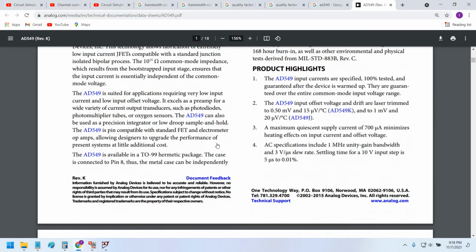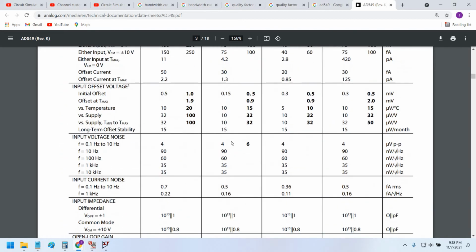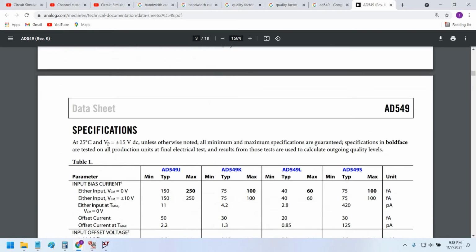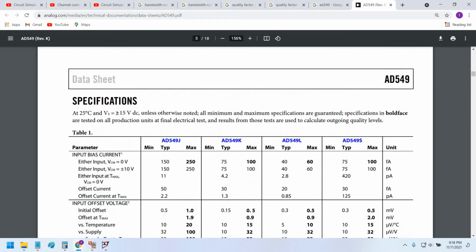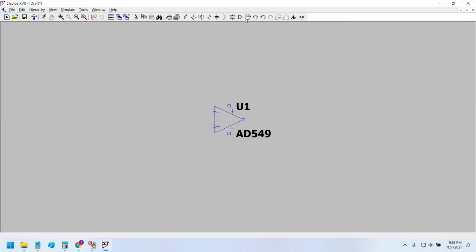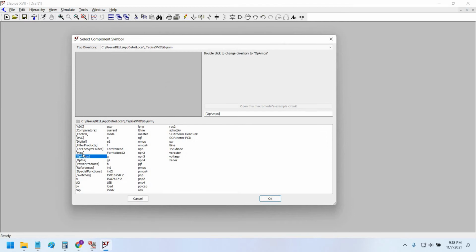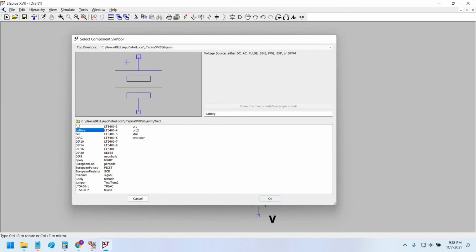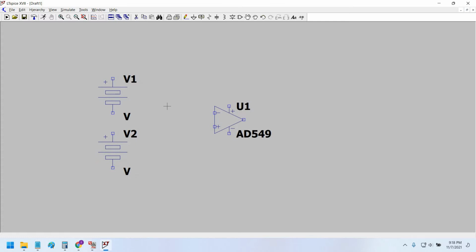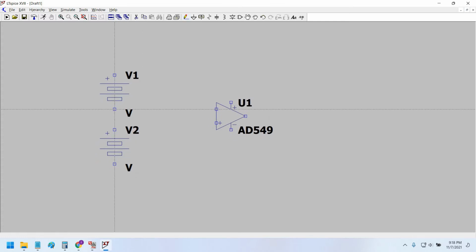Okay, and it can operate with the specification of plus minus 15 volt DC. Okay, so we can give it a dual polarity, dual power supply input. Now let's place the battery. Connect positive and negative of the battery to make it common.